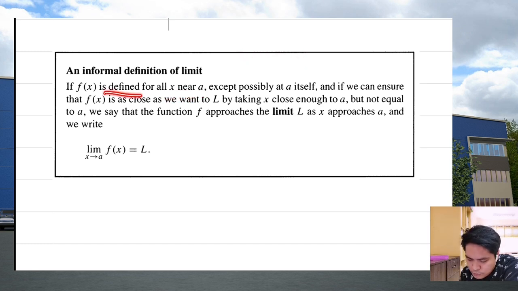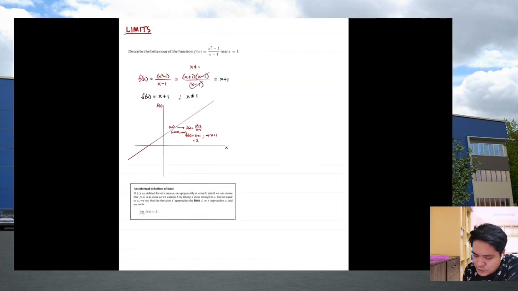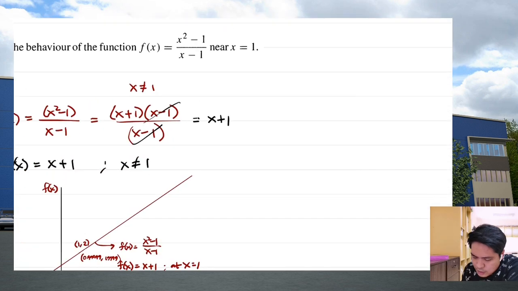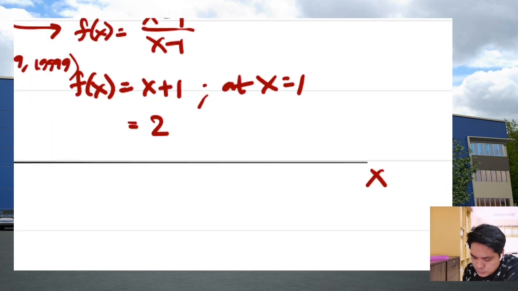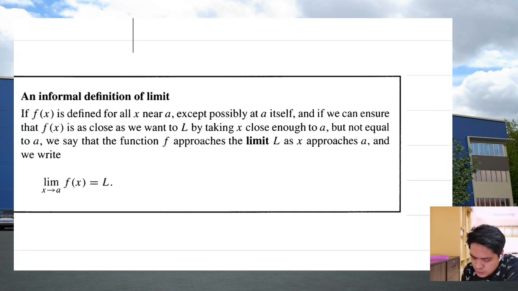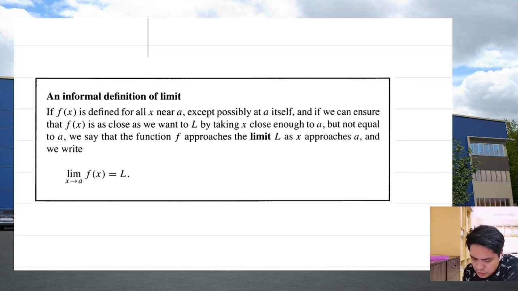So it is defined for values near a, but not at a itself. Like this, the value of x cannot be equal to 1. So here also, the value of x cannot be a itself. So if we can ensure that f of x is as close as we want to L by taking x close enough to a.